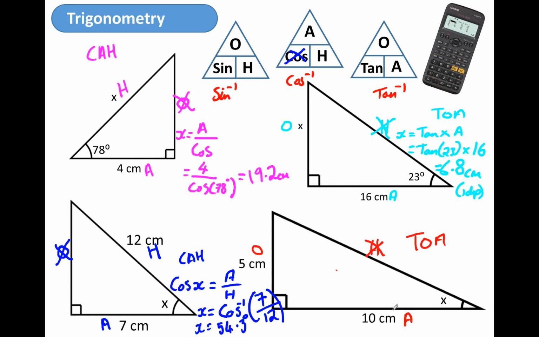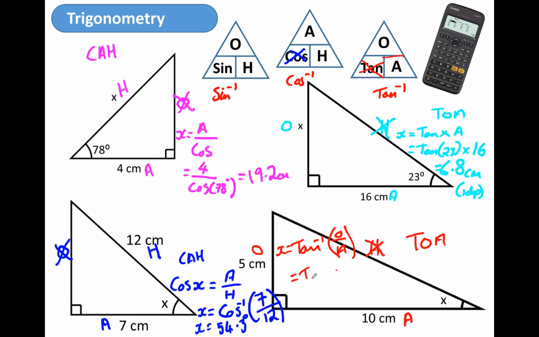Right, what side are we trying to find? Well, we're not finding a side. We're finding the angle. Now the angle obviously is not O or A. The angle is going to be tan. That's what that represents. So cross it out and I'm left with O divided by A. So my maths is going to be, if I want to find X, I need to do inverse of tan of O over A. Angles are shifty, you have to use shift to get the inverse of tan.